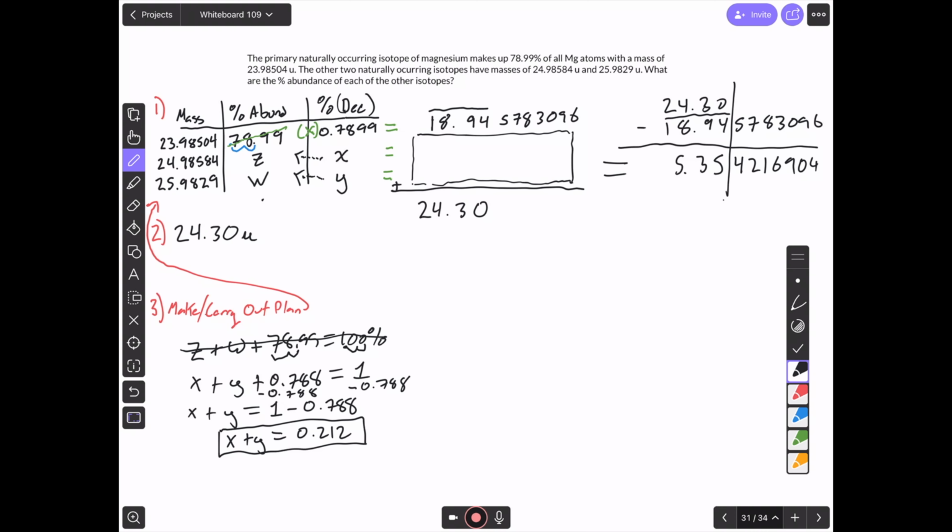Are there any other algebraic equations I can use? Well, there actually are, and this one's a little harder to see, but once you see it, you see it. We know that we're not really using z and w in solving the problem yet. They're just our end goal. What we are using is this.